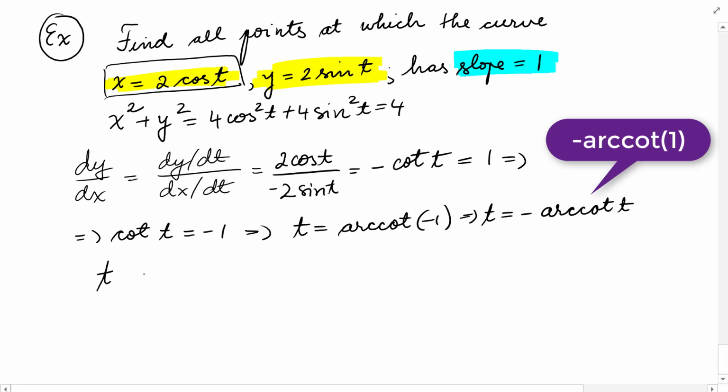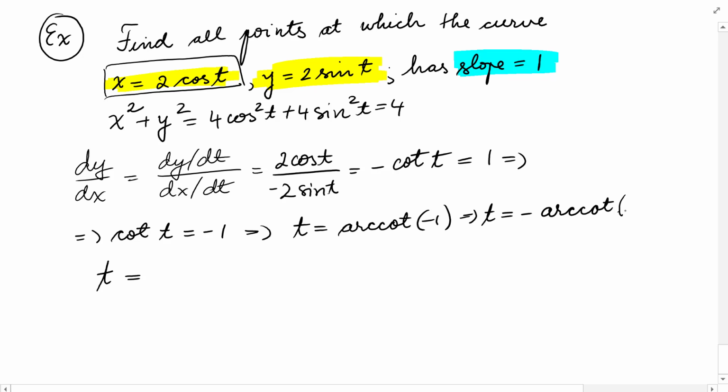So we are looking for the values of t that are equal to negative arc cotangent of 1. So cotangent of what value is 1? Well, pi over 4. So I copy the negative and then pi over 4.